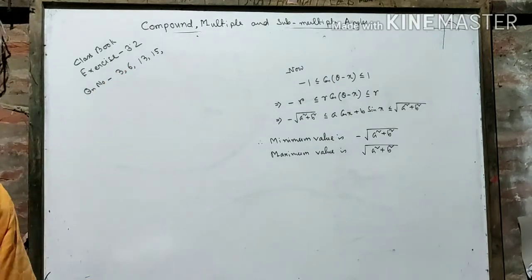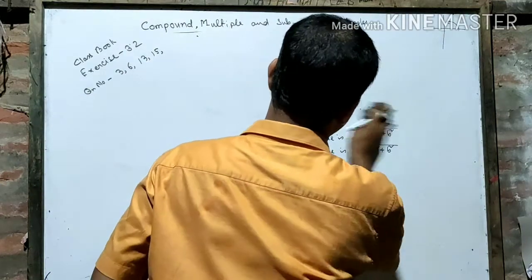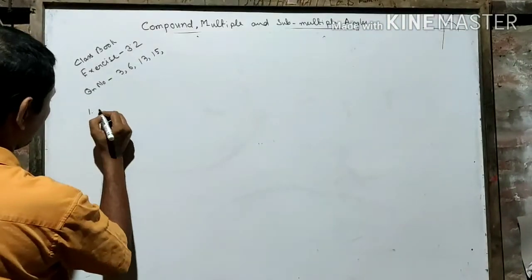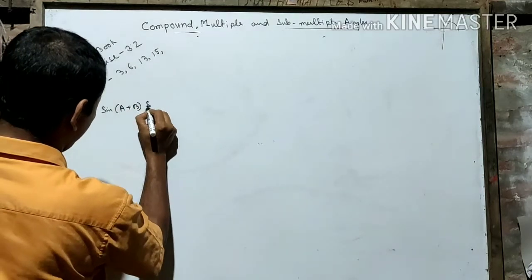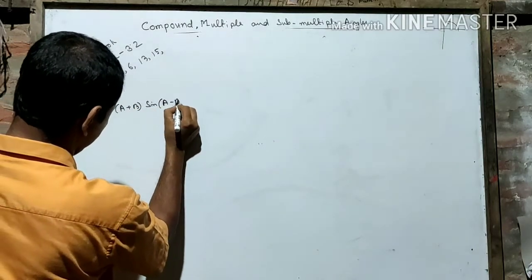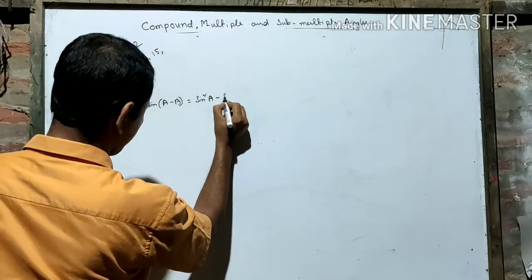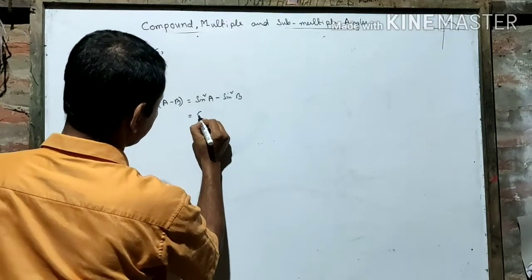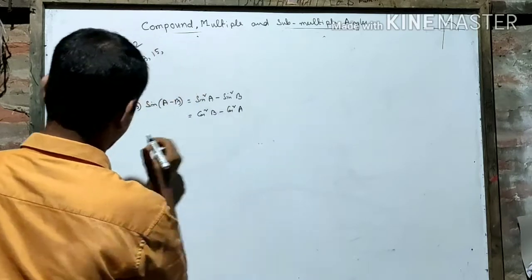Only this. Oh yeah, I forgot to give you one more formula. One more formula is there. Number one, sine a plus b into sine a minus b, this is also an important formula, is equal to sine square a minus sine square b, or cos square b minus cos square a.